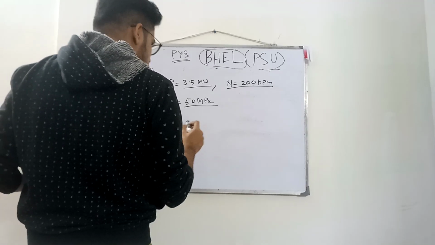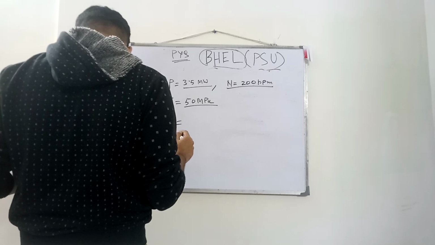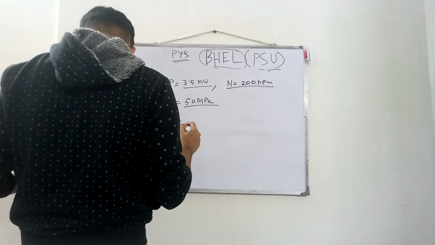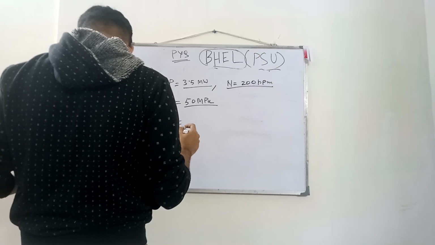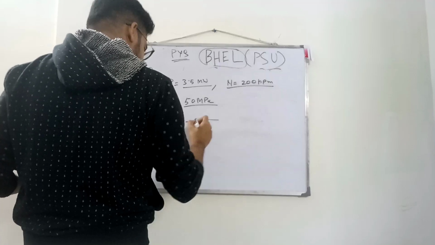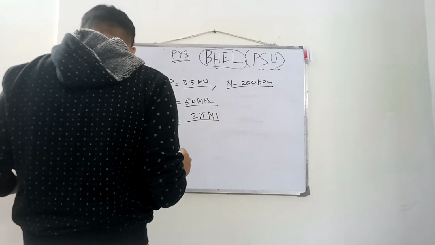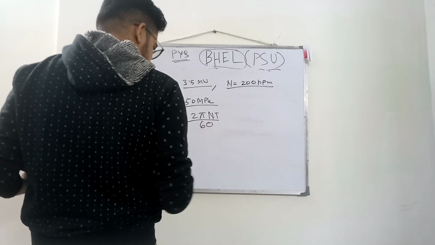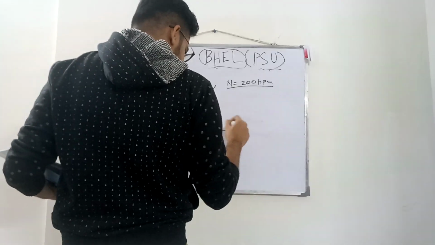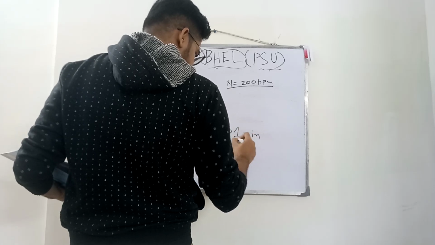P is the power which is transmitted, and it is equal to 2 pi N T by 60. 60 denotes 1 minute, since N is rotations per minute.